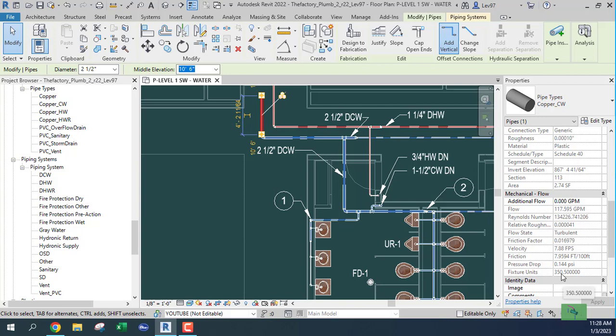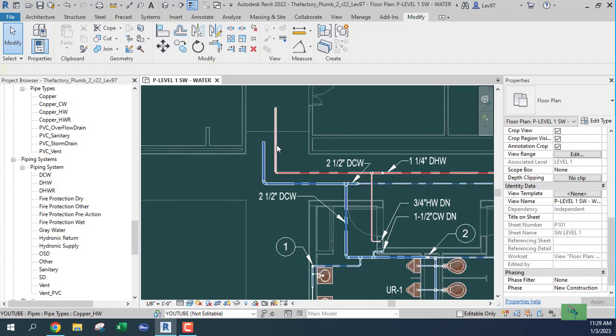350 fixture units. So at 300, it is 110. At 400, it's 126. So between 110 and 126, okay, so it's 117. So it's within Hunter curves on the cold water side.